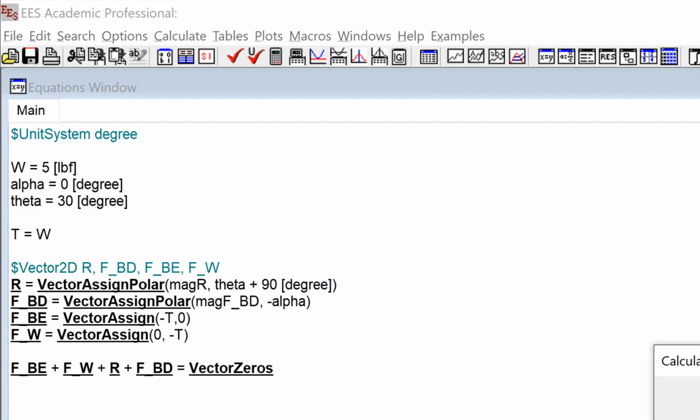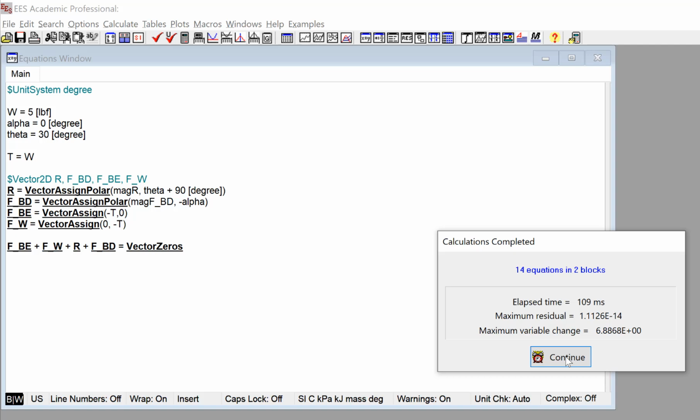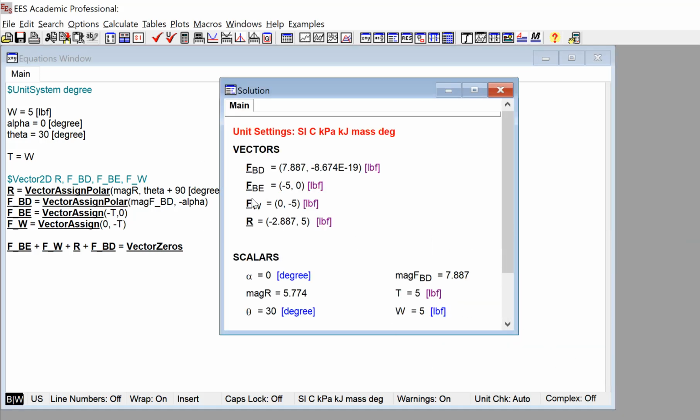Calculate, solve, and this time it seems to like it a lot better. And here's our solution, and actually it should be the same as what we got previously, right? 5.774 and 7.877. So let's go ahead and make sure units check.